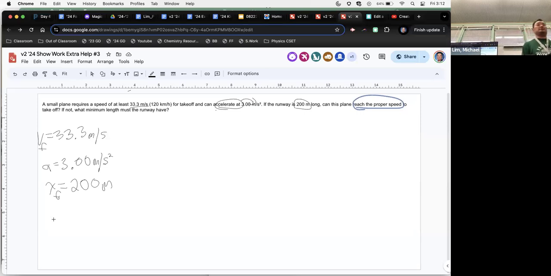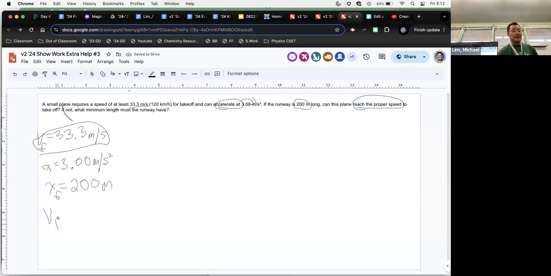How fast something moves? Is it gonna be V, A, T, or X? V. Now we already have a V, but this V is only for takeoff, right? It says right here, a plane requires this much speed to take off.